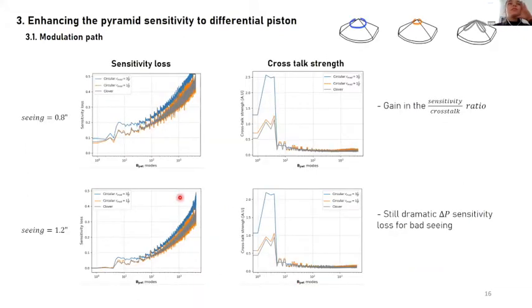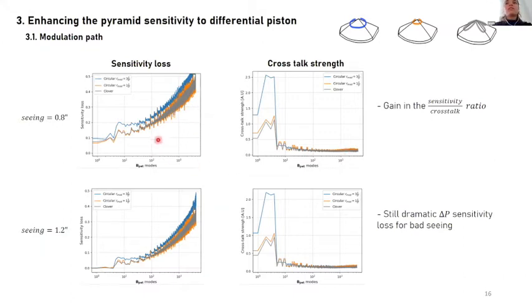However, I still conducted this study, and I looked at the sensitivity loss coefficient as well as the crosstalk for the different frequencies. Here the first five points are the petal modes, and the others are the other modes, which are orthogonal to the petals.